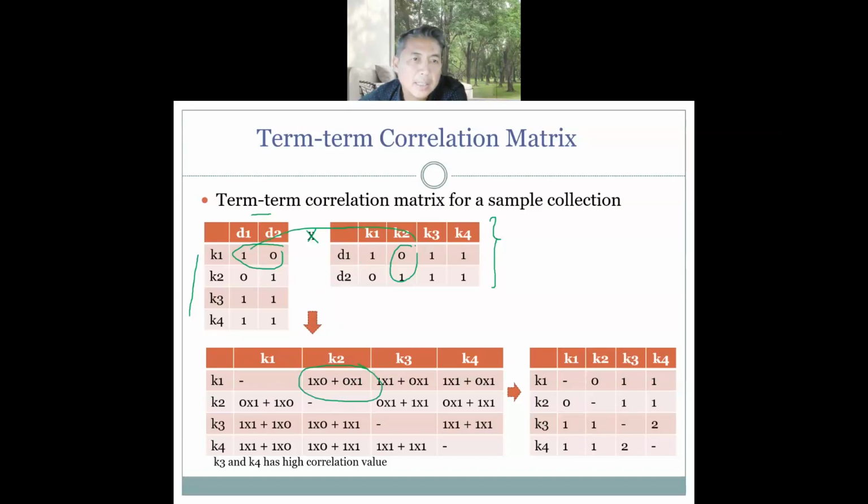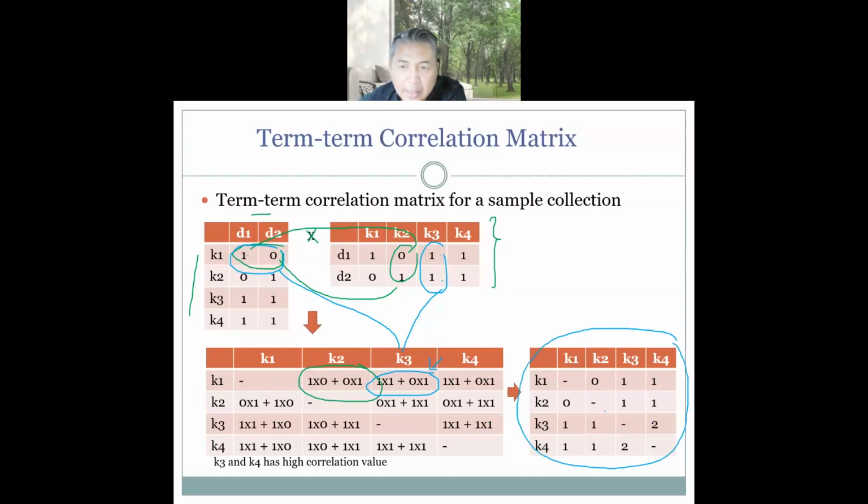Okay, 1 times 0 plus 0 times 1. And then I do it again for this and this one. So that one will be here. Okay, so 1 times 1 plus 0 times 1, you get this. Okay. So you do it for the rest of them, and then you add up the value here.